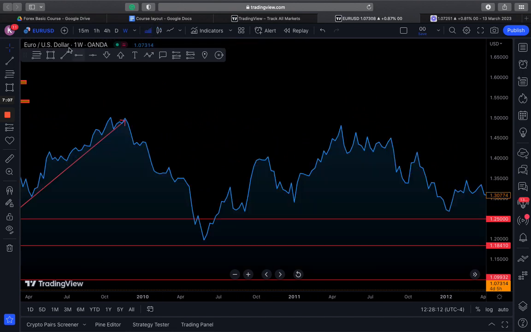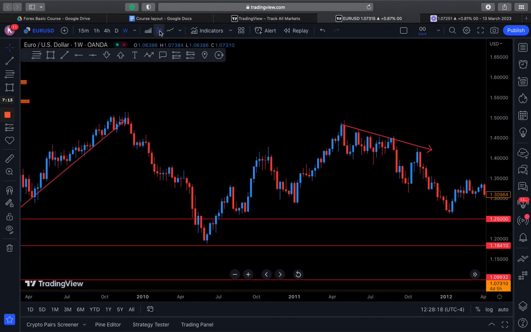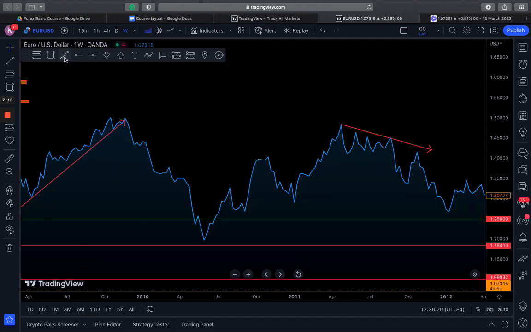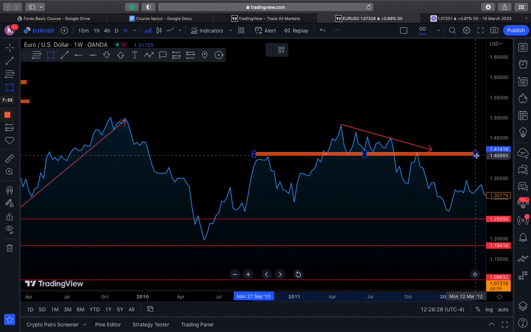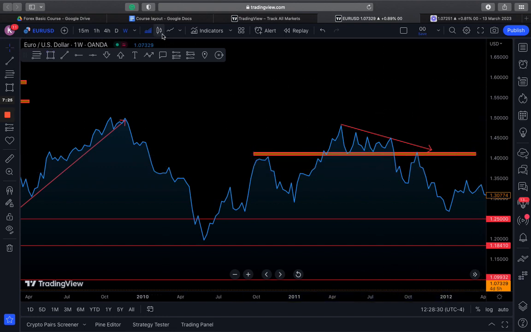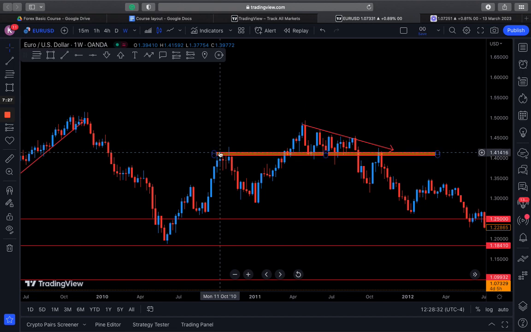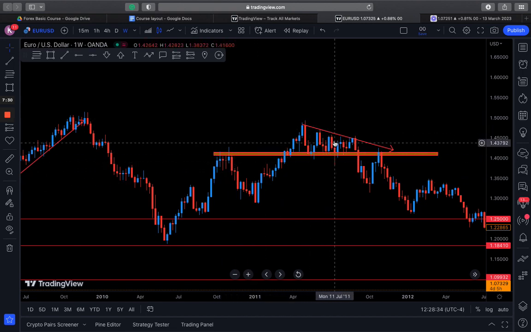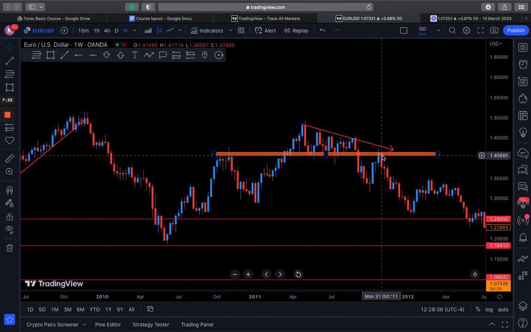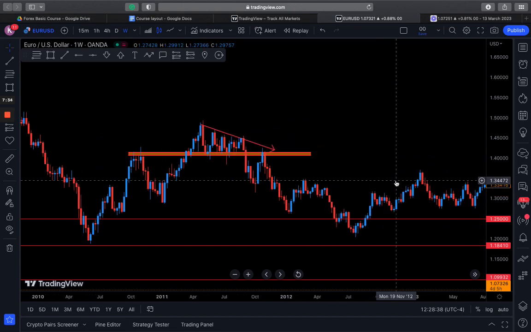I'm just looking for key support and resistance areas. And this one you can honestly do something like this. Alright. So we see resistance, broke above, support, support, support, broke below, retested resistance.